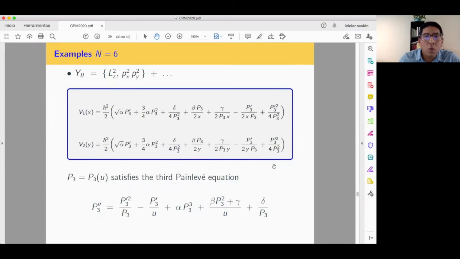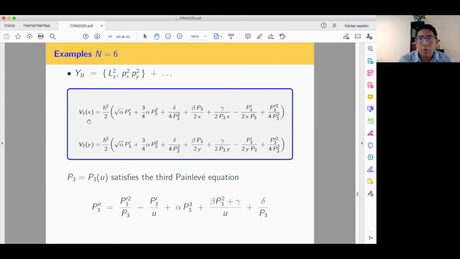Finally, for the quantum case, let me tell you about this example for n equals 6. So this is a member of the second family of superintegrable potentials. So the leading term is this anticommutator, Lz squared, with py squared, px squared, and py squared.